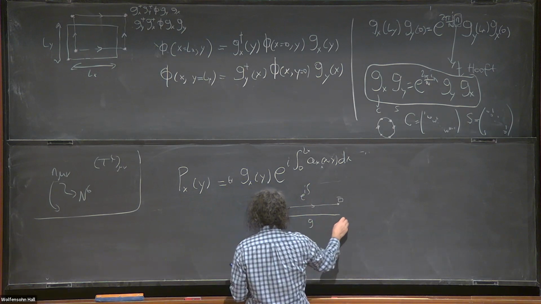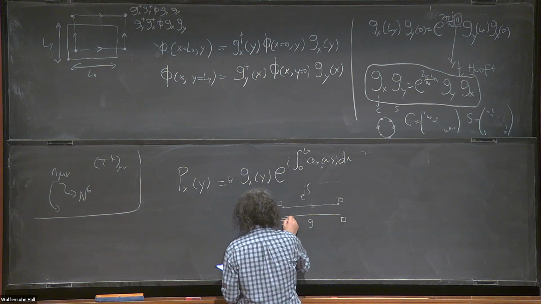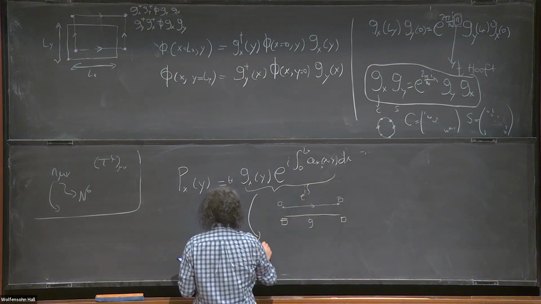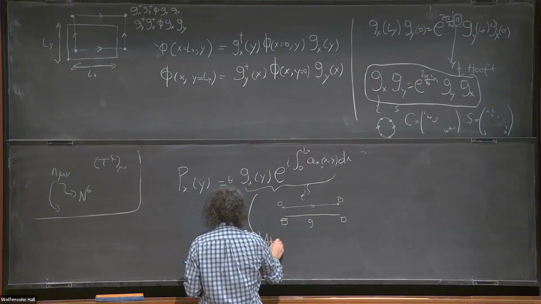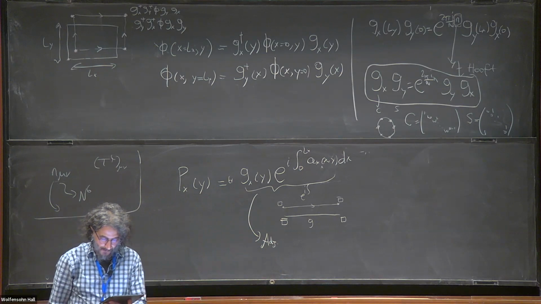The transition function transforms as a box here and box bar here, so that this object ends up transforming as adjoint. If you take the trace, it's gauge invariant.